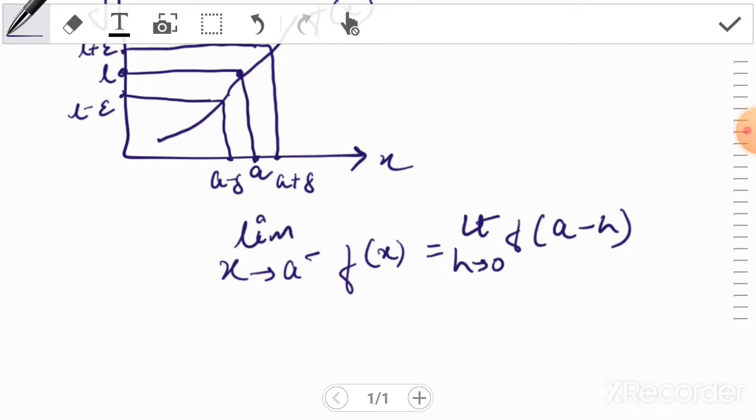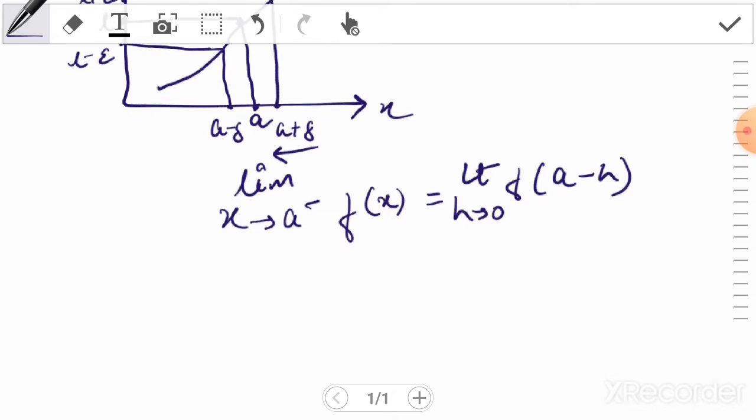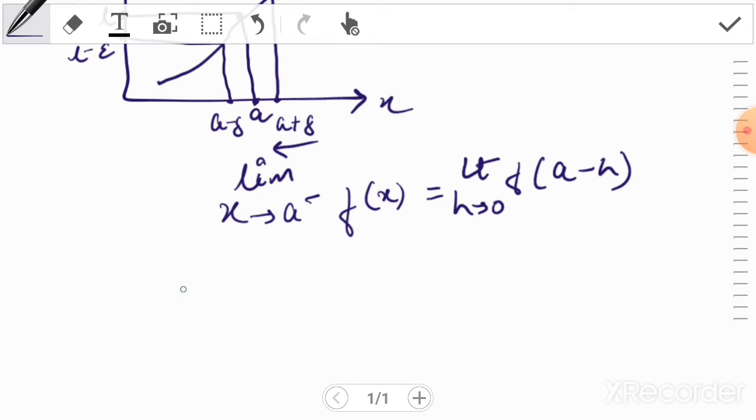Similarly, if x approaches a from right, that is from larger values of x than a, the limit of f is defined as right hand limit.